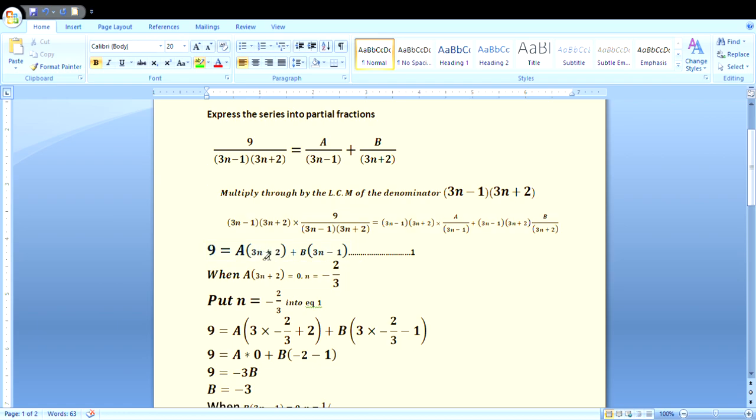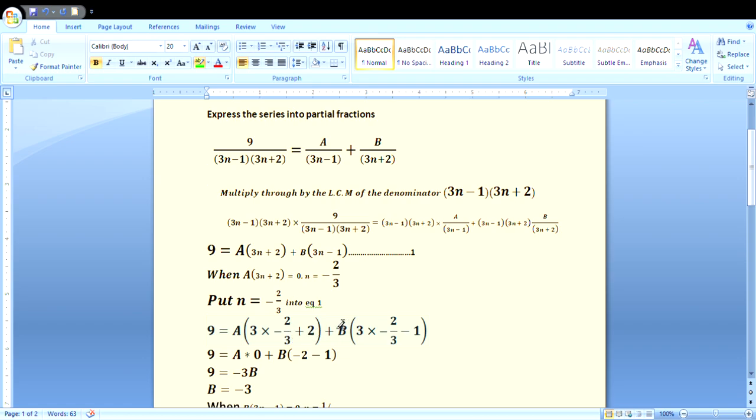Now, to obtain the values of A and B respectively, first we say B into (3n plus 2) is equal to 0. In that case, to obtain the value of n, it becomes minus 2 over 3. So now we put n equal to minus 2 over 3 into equation 1. This becomes 9 equals A open bracket 3n, where n is minus 2 over 3, plus 2.